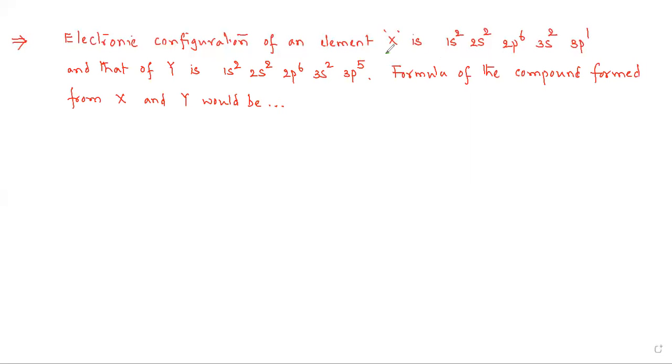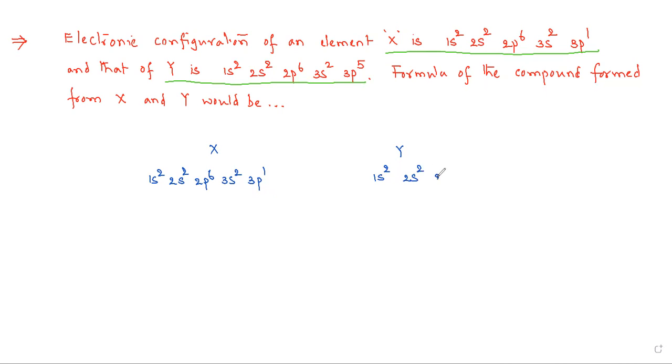Now let us consider the electronic configurations. You will of course have one extra step here. Consider the electronic configuration of X: 1s2, 2s2, 2p6, 3s2, 3p1. Coming to Y: 1s2, 2s2, 2p6, 3s2, 3p5. Now, check this out.